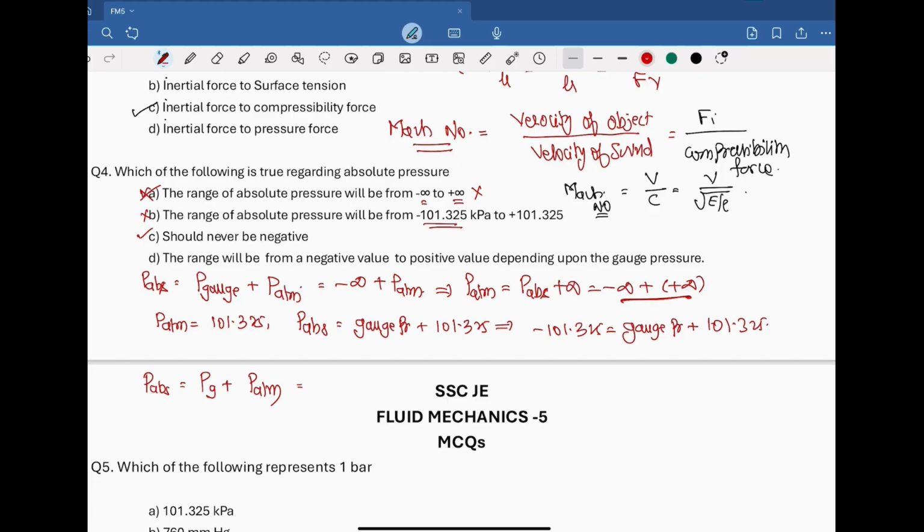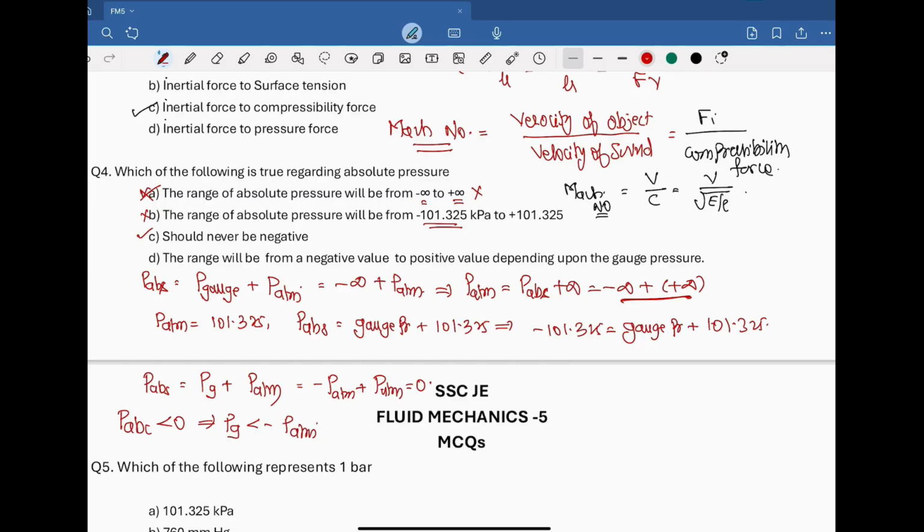For example, P absolute becomes 0 when P gauge is minus P atmosphere, so minus P atmosphere plus P atmosphere is equal to 0. But if P absolute is less than 0, it implies P gauge is less than minus P atmosphere.